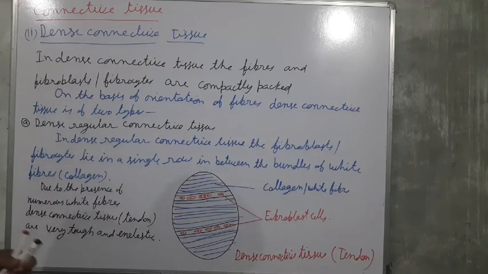Next one is the dense irregular connective tissue. Now we have to study B, dense irregular connective tissue.